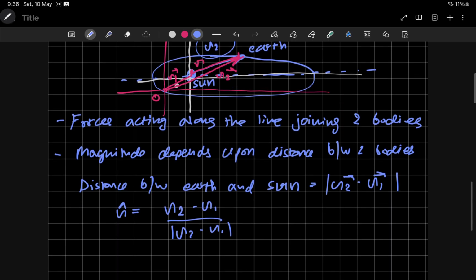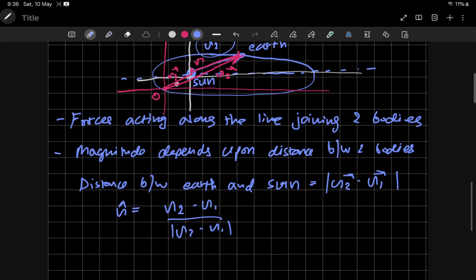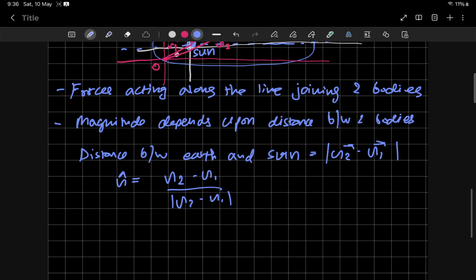I'm not putting the arrows anymore. That's this. So your force is going to be a function of r, with this vector pointed radially outward, and that becomes an important point mostly in central force problems, right?